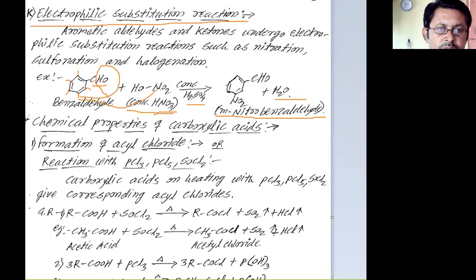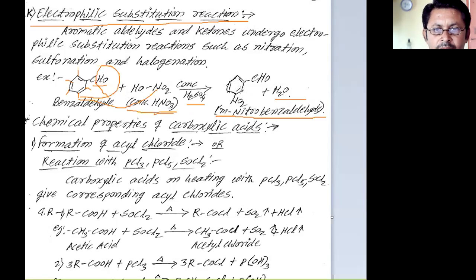In place of one hydrogen, the nitro group is substituted, and that reaction is known as electrophilic substitution reaction. Then we get meta-nitrobenzaldehyde.